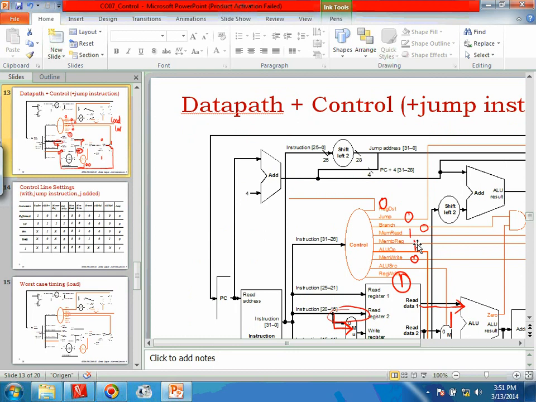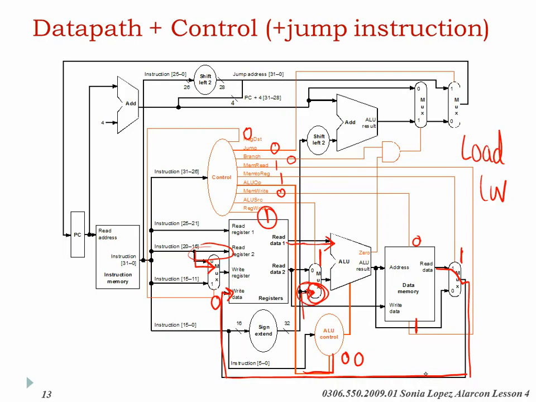Memory to register is 1, register write is 1, mem read is 1, mem write is 0, branch is 0, ALU operation is going to be 2 zeros as well, and jump is a 0. So that's the example where we can easily figure out that this is a load instruction, right? And we don't need much more to know than that.